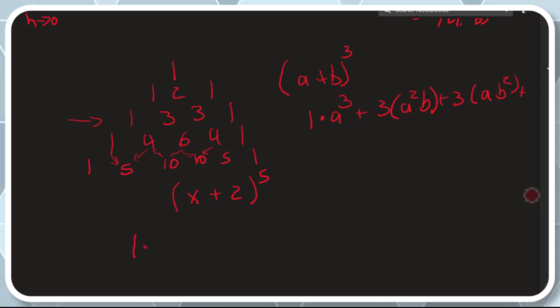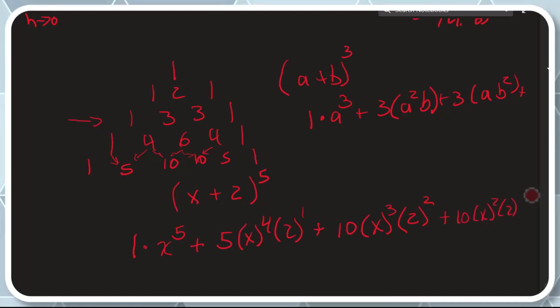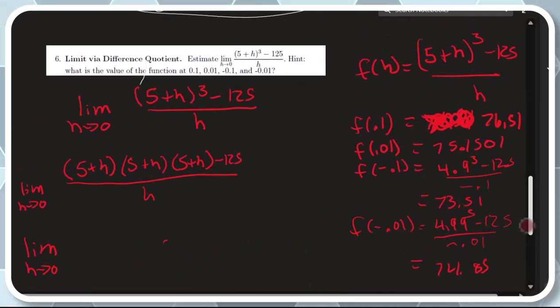It's 1, and it starts with x to the 5th plus 5, and then it'll be x to the 4th, 2 to the 1st. The sum of the exponents has to always be 5, plus 10, x to the 3rd, 2 squared, plus 10, x squared, 2 to the 3rd, plus 5, x to the 1st, 2 to the 4th, plus 1, 2 to the 5th.